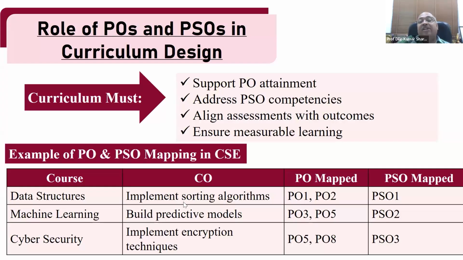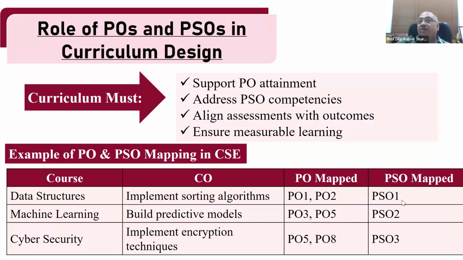Suppose with this outcome the student will have this graduate attribute skill, and with this you will map PO1 and PO2. That means your question paper, your assignments, your quizzes, those questions will also map with the POs. Are you understanding?